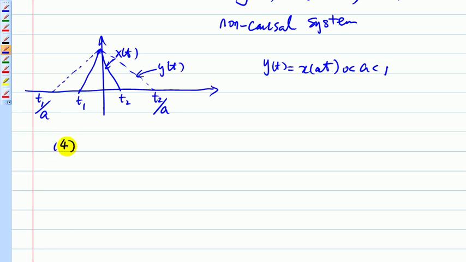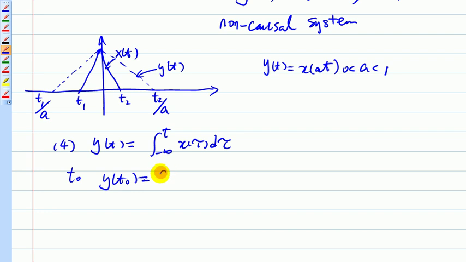Now the fourth one. So this is fairly simple. The integral limit is from negative infinite to t, which is the current time, right? And the integrand is x of tau. So basically, you give any instant t naught, so y of t naught equals this integral up to t naught.